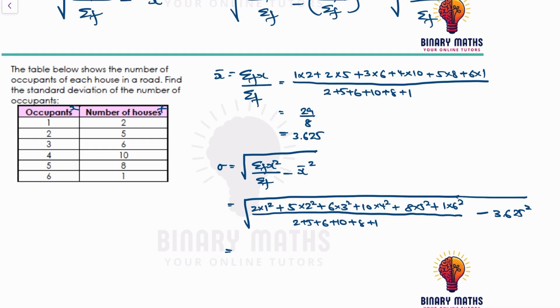In our calculator, we end up getting 1.268611. When rounded to 2 decimal places, this is 1.27.